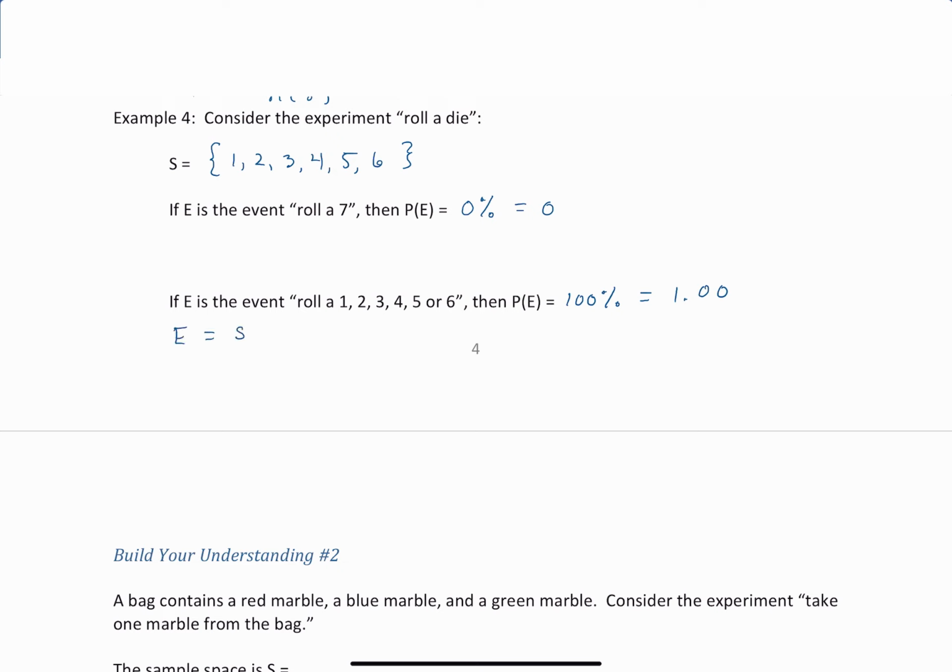And a little bit above in the notes here, we said that the probability of the sample space had to be 1. And that's because when you do the probability of the sample space, if you use that formula that we got, it's the number of outcomes in the sample space divided by the number of outcomes in the sample space. Anything divided by itself is a 1.